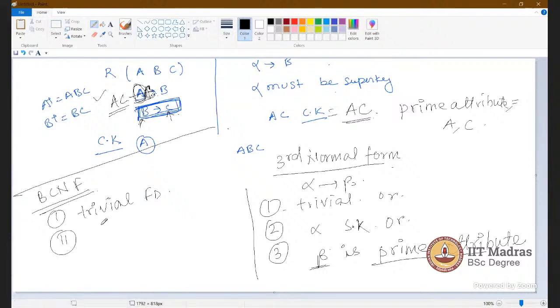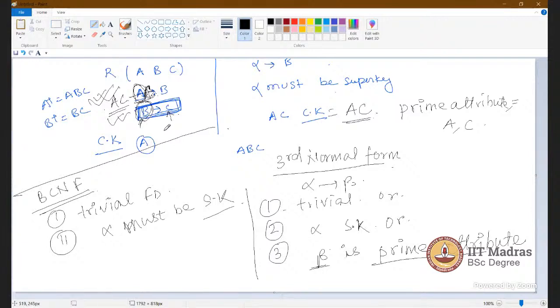And the second one is alpha must be a super key, right? So this particular one satisfies the first condition, but it does not satisfy the second condition. So is B a super key or not? No, sir, it's not. So to make it BCNF, we need to decompose it.